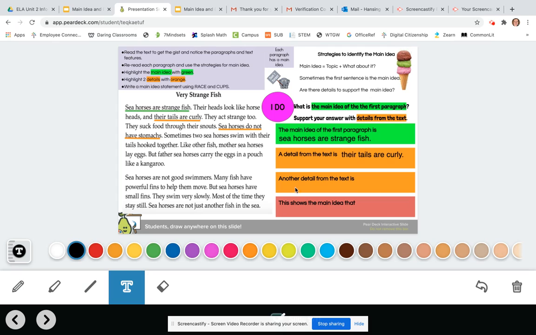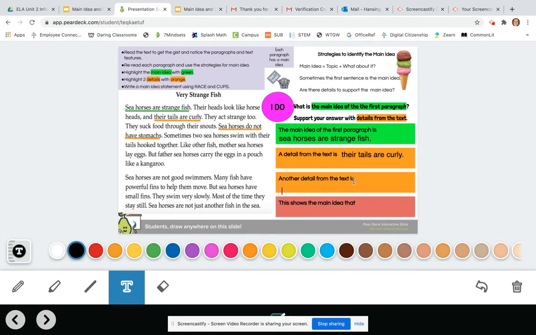I get a second opportunity to cite the text, and another detail from the text is, seahorses do not have stomachs. I'm going to change that S to a lowercase because I know that I am right in the middle of a sentence since I'm continuing on after this sentence stem.